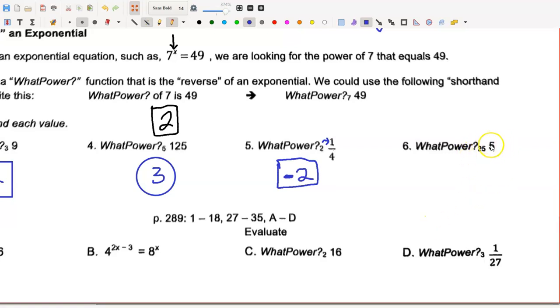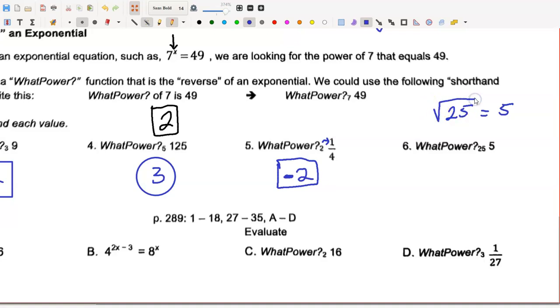Same thing over here. How do I get from 25 to 5? What power of 25 gives you 5? What do I have to do to the 25 to make this true? What would you do to 25 to get 5?